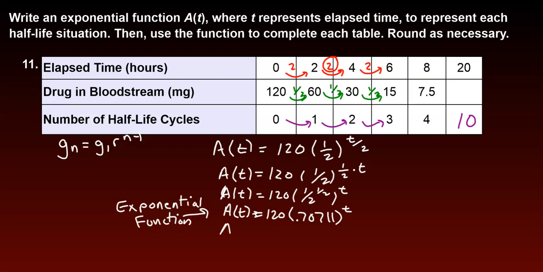And we're going to plug in 20 into this function, and then we'll stick it in our calculator to evaluate it and get an answer. So after 20 hours, we will have 0.117 milligrams of the drug in our system.